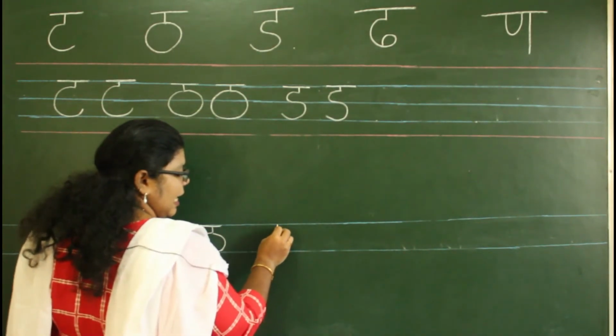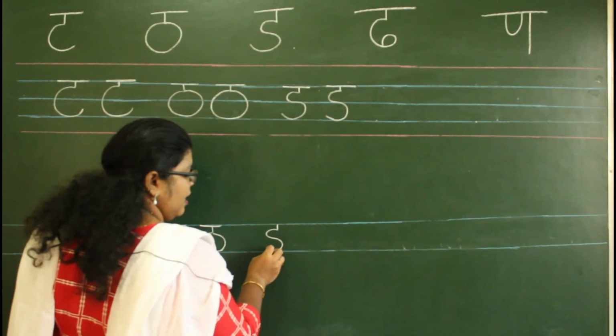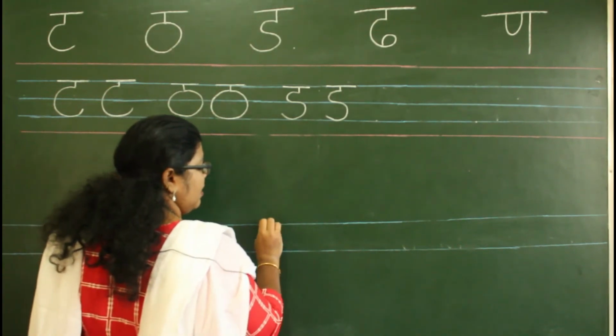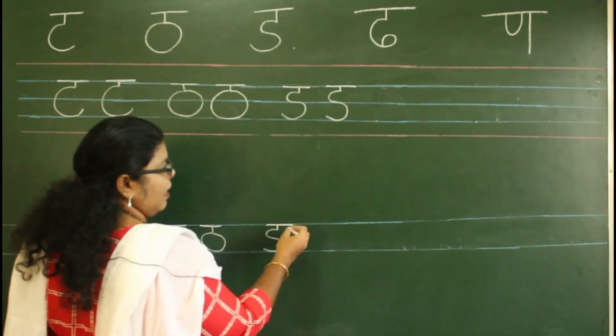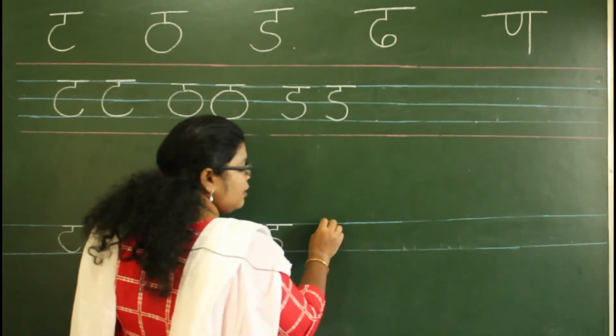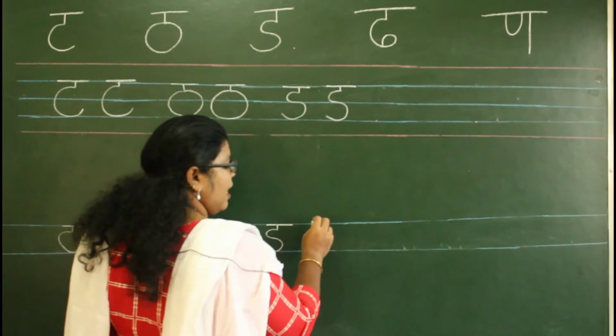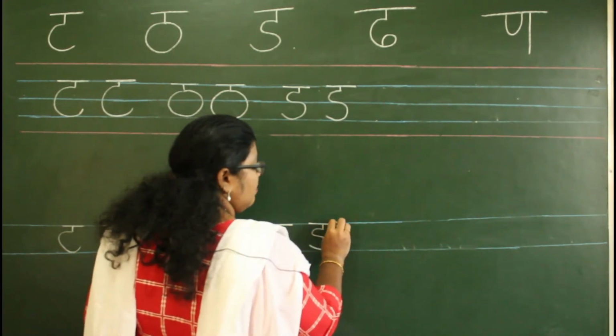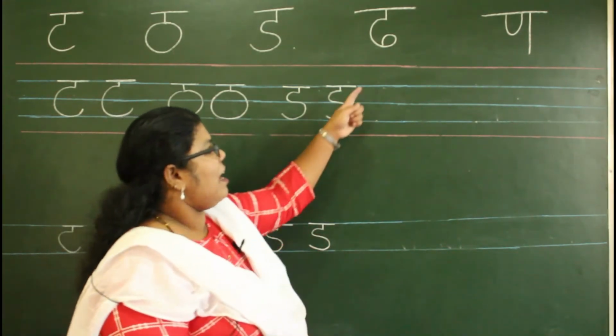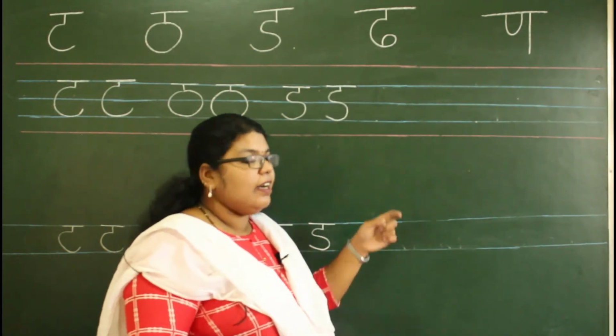Small standing line, alphabet S, and then a sleeping line. Once more, small standing line, alphabet S, and then sleeping line.